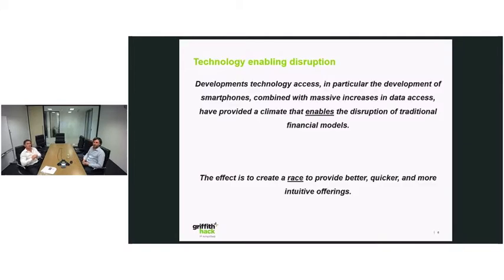So the really big driver in fintech, and the reason it's happening now, is that the technology has developed to a stage where players at all these different parts, different types of players, can really participate, and a lot of that is to do with the massive increase in computer access that's really been provided.